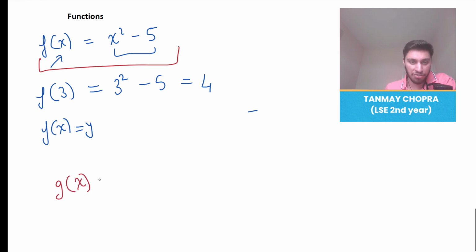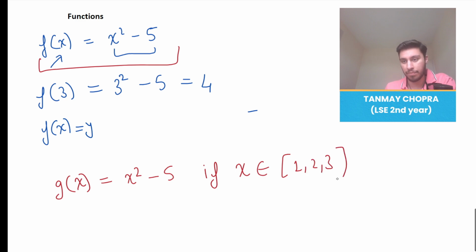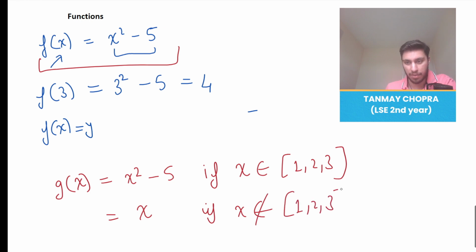I'm going to say that g of x equals x squared minus 5 if x belongs to the list 1, 2, 3. If x is 1, 2 or 3, then I'll compute this expression. Or g of x will be equal to simply x if x does not belong to 1, 2, 3.